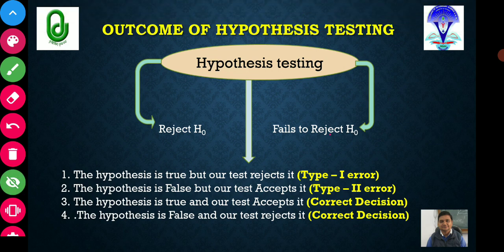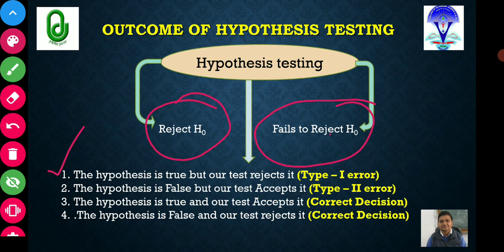So, you can see when you are testing a hypothesis, either you will be rejecting the null hypothesis or you fail to reject the null hypothesis. So, these are the two possibilities. Based on this, what are all the possibilities?